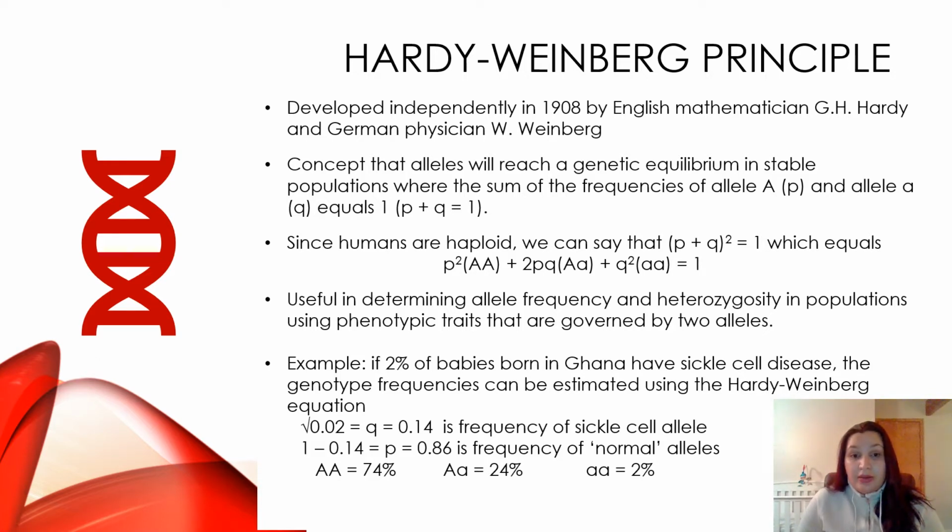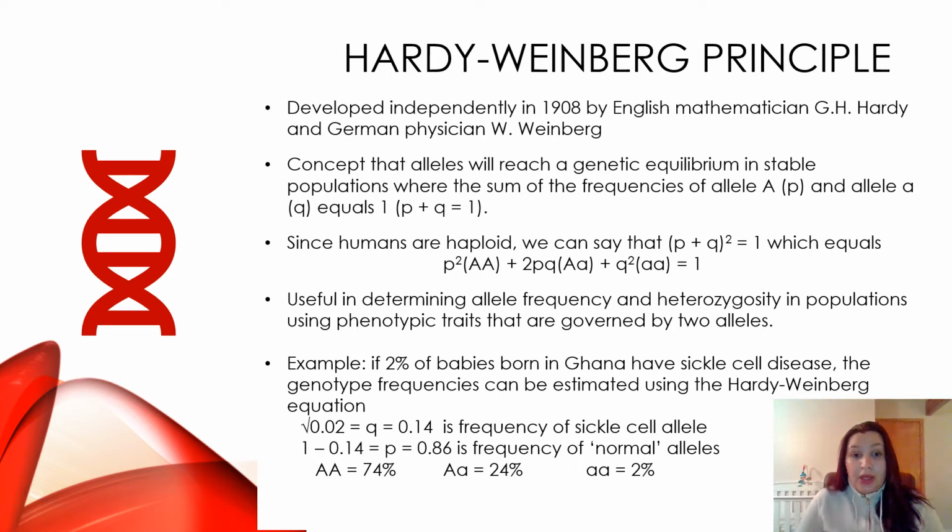And you can add the frequencies of these alleles. So you can add the frequency of allele A, or big A, denoted by p, and the frequency of allele little a, denoted by q, and the sum of these two frequencies will equal 1.